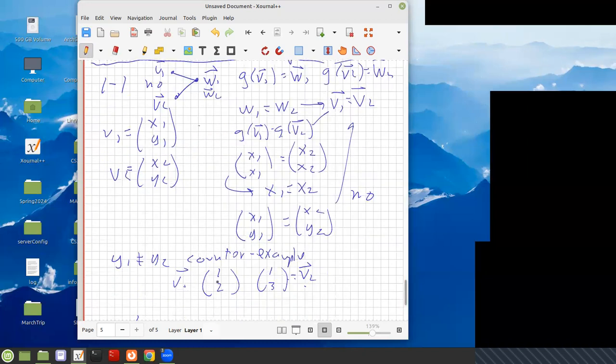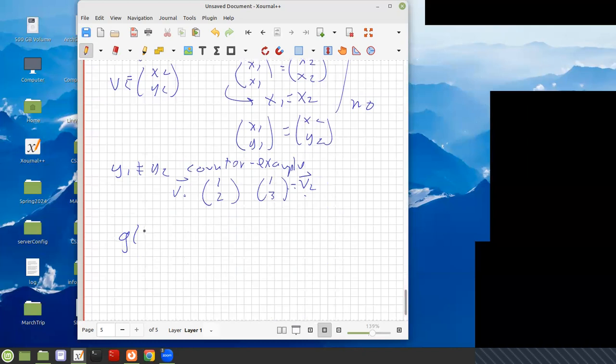Then g of v1 equals (1, 1) and g of v2 equals (1, 1), but v1 is not equal to v2. So it's a many-to-one map. You can see that, right?